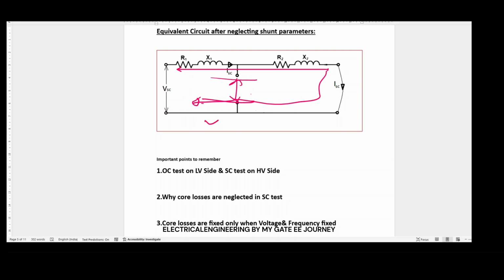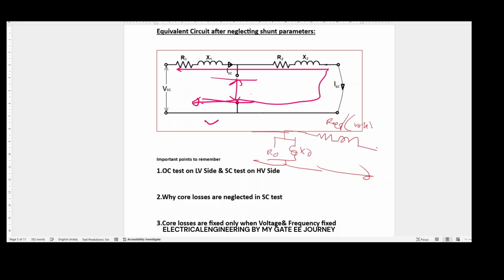To represent those values on the LV side, you just do R equivalent by voltage ratio squared. At the same time, X equivalent by ratio squared. In this method, you get the entire transformer equivalent circuit.